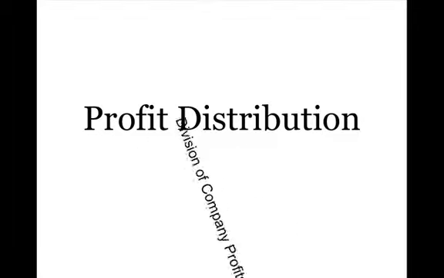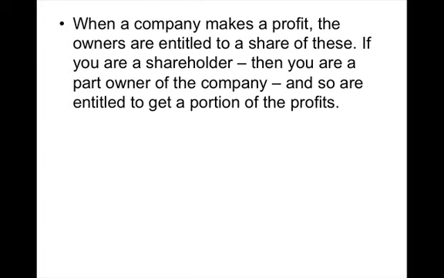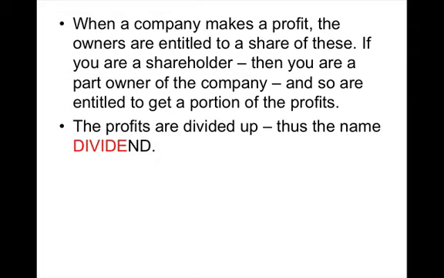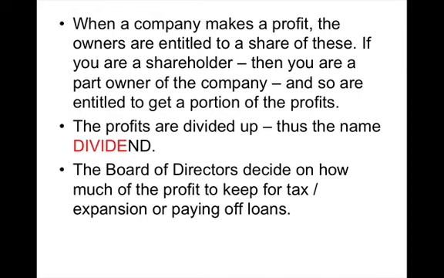Now, when a company makes a profit, you can get a part of it. As we've said before, the profits are divided up, so you get this word called dividend, like divide at the end, so divided up. The board of directors decide how much of the profit should be kept for tax and expansion or paying off debts, and how much should be paid to the shareholders.